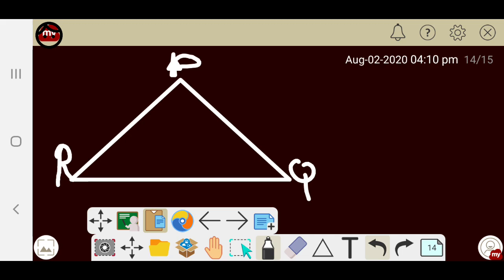P and Q, P and R are adjacent. Same way, R and P, R and Q. Here we can't identify any non-adjacent vertices, so we can't draw a diagonal in the case of a triangle.